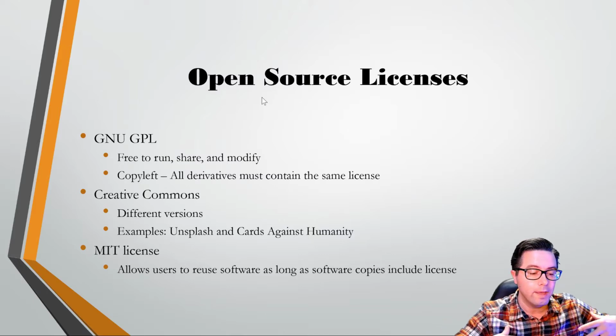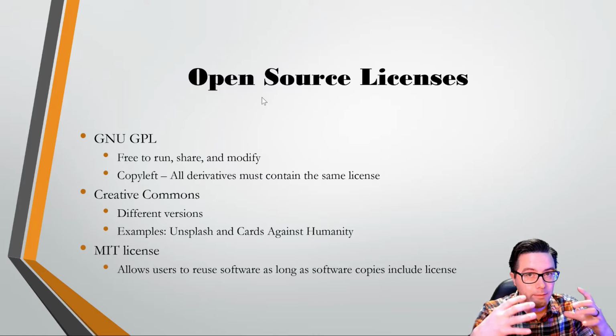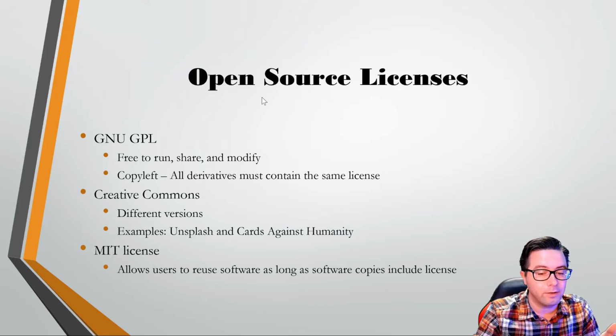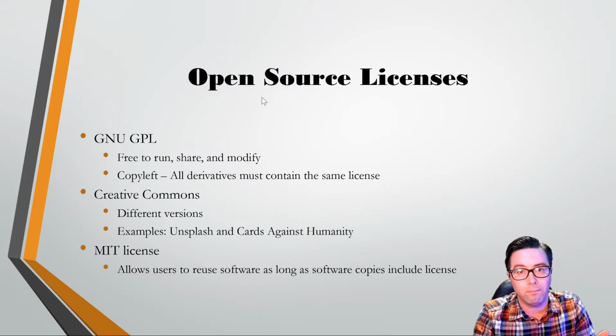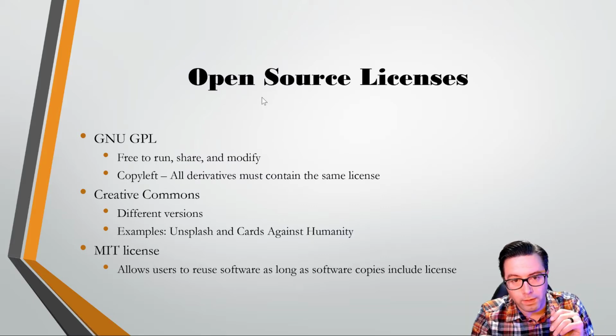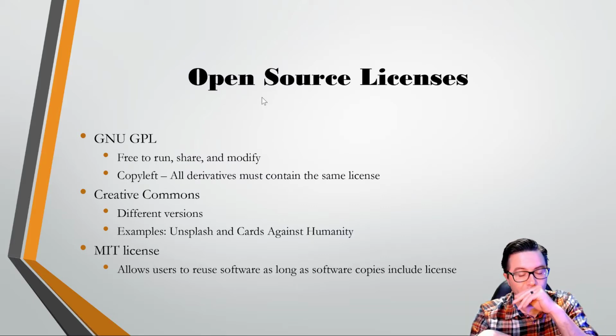Okay, so you can't make it proprietary. If your software is proprietary and you add software that has a GPL in it, it's most likely no longer proprietary anymore. That's just one possibility.